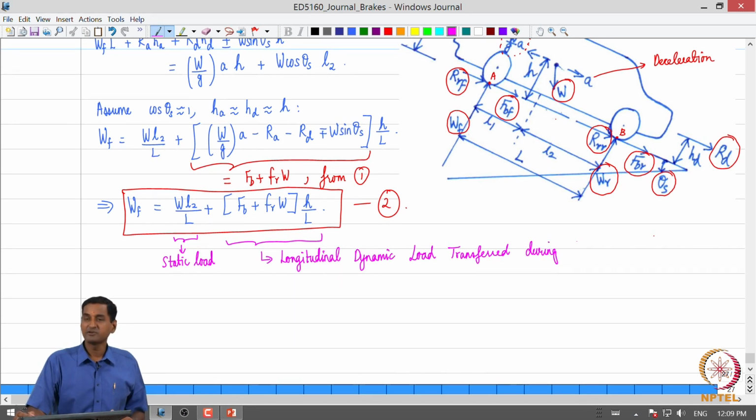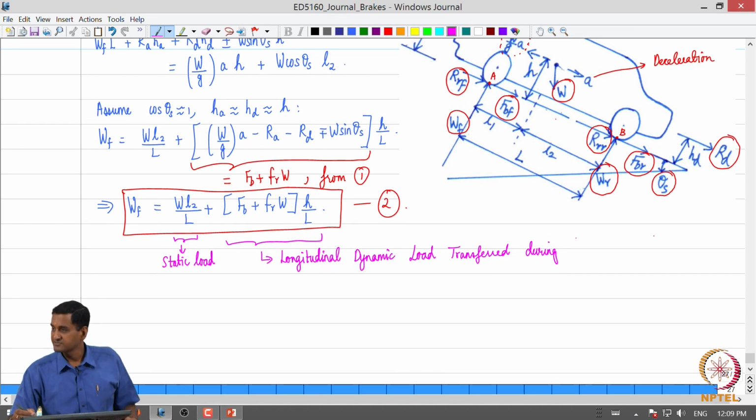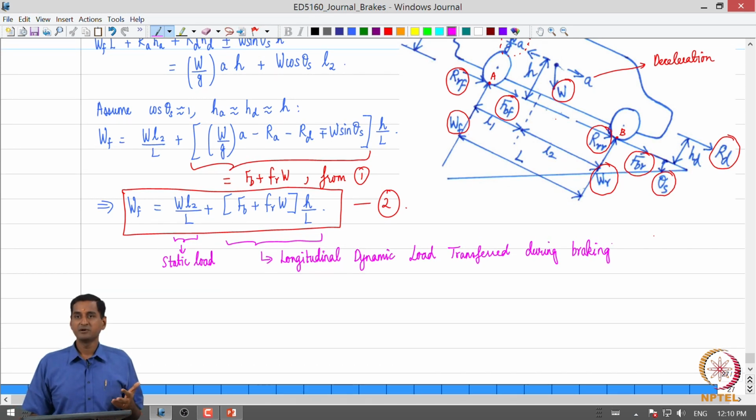Okay, that is a component of the longitudinal dynamic load transfer, right. So, during the process of braking, please note that we are going to have load transfer from rear to front, right, as we will observe shortly even from the equations. So, we can see that the load on the front wheels is going to increase, right. So, that is what we can observe from here.